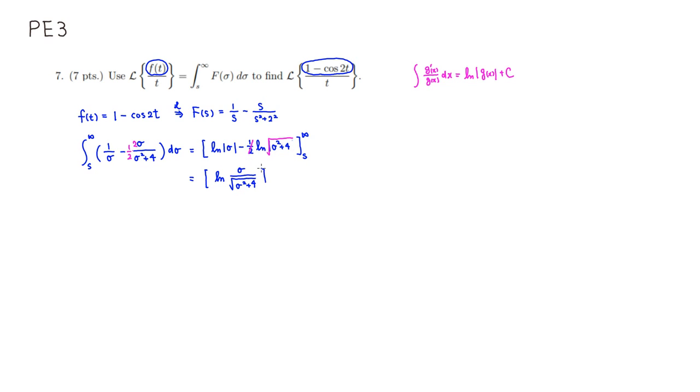Then we are going from s to infinity. Since s is positive and going to infinity, we don't need the absolute value sign because sigma is not going to be negative.